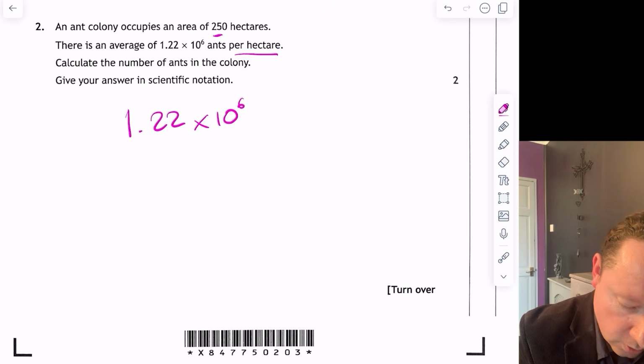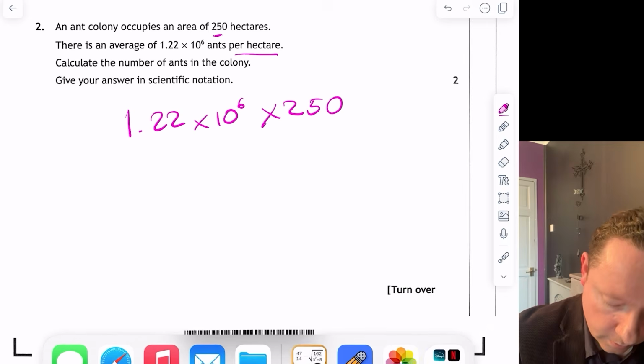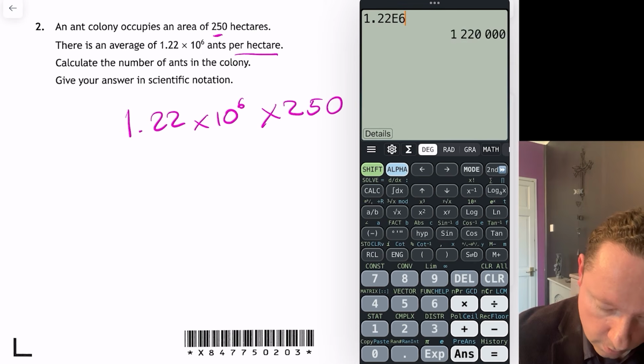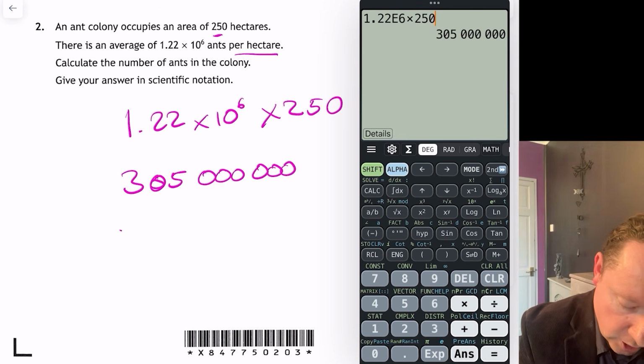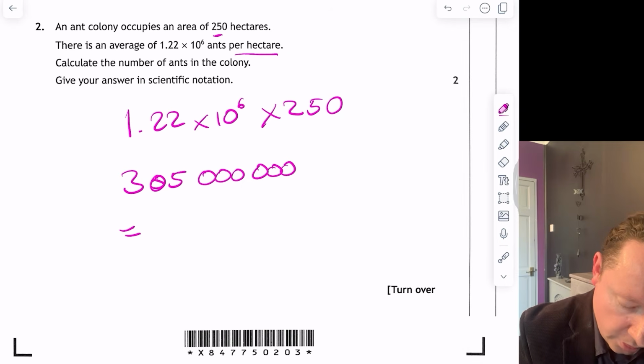That's per hectare, so it's just times 250. Now, your answer is to be in scientific notation, but it might give you it without scientific notation to start with. So then I change that by writing 3.05 times 10 to the power of 1, 2, 3, 4, 5, 6, 7, 8.